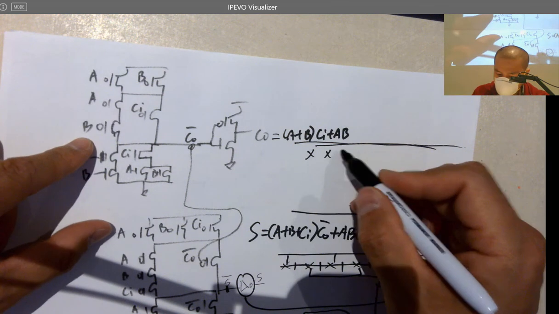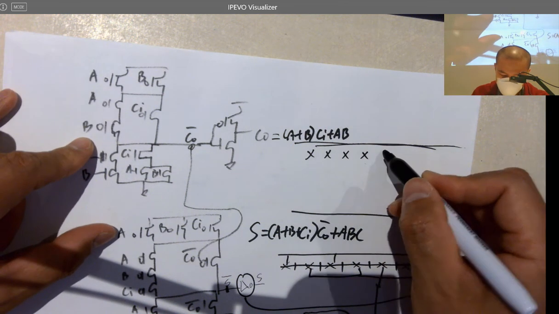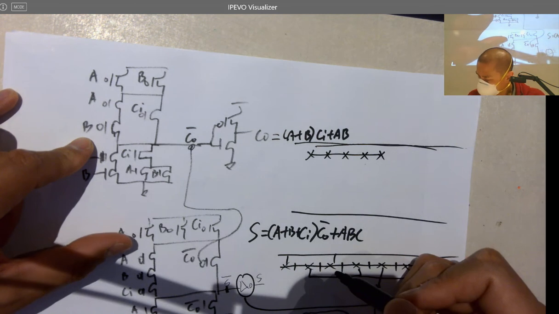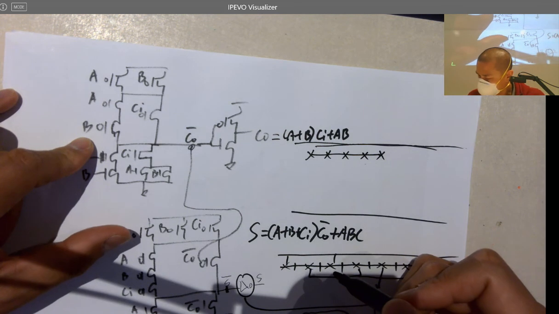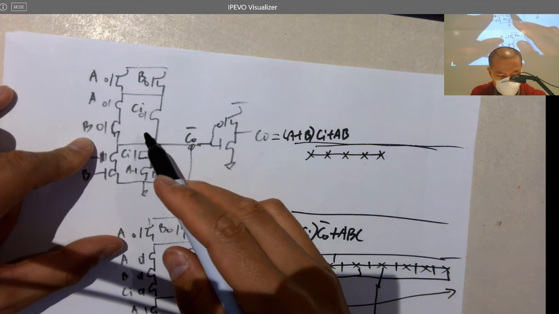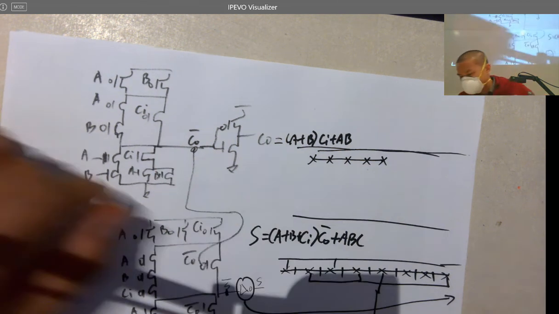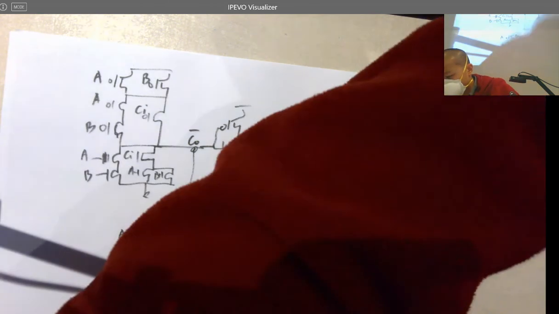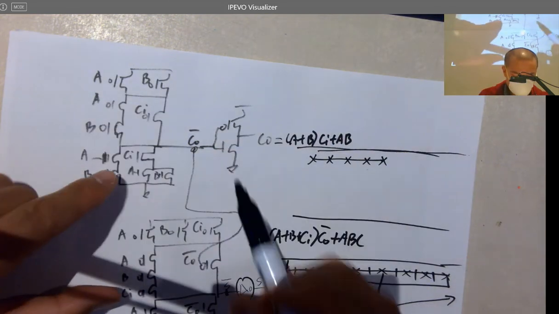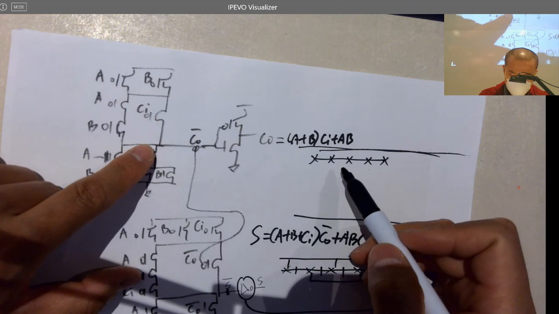I need 5 diffusions. I didn't do it at once, but I think you can do it at once. Do I have a better option somewhere? No, I didn't draw it down, but let's see if we can do it. A and B in parallel.